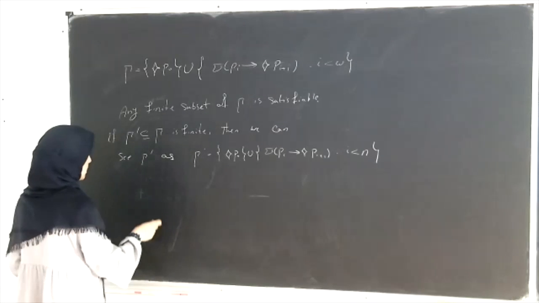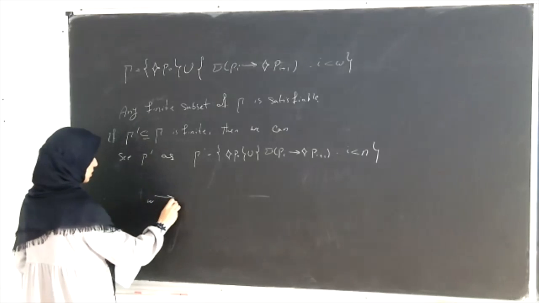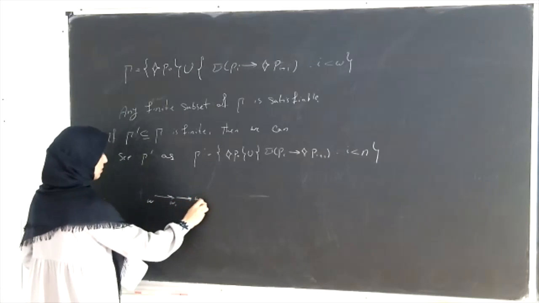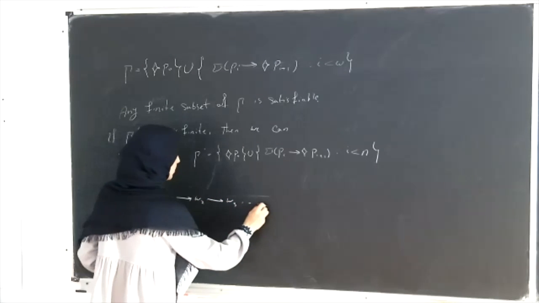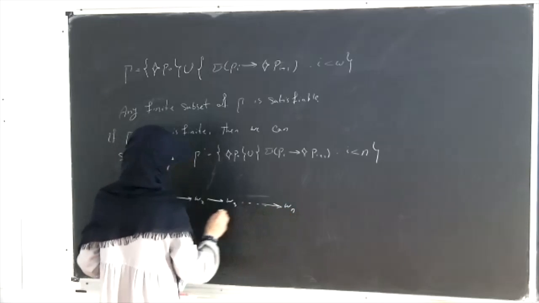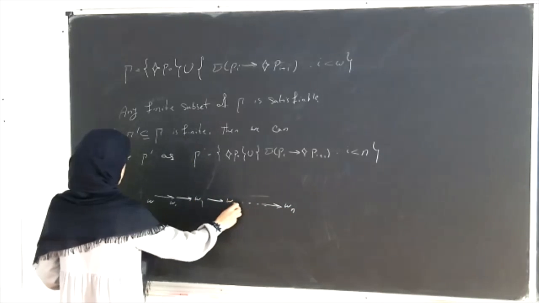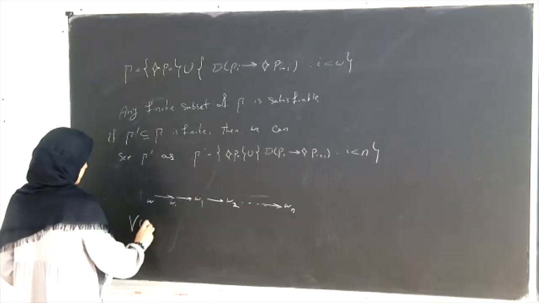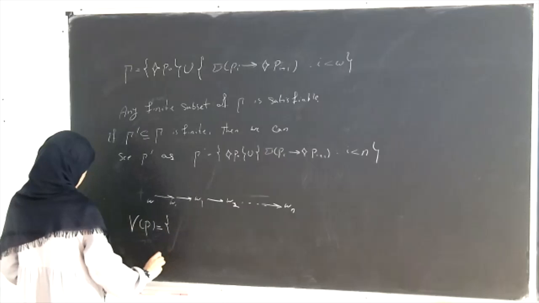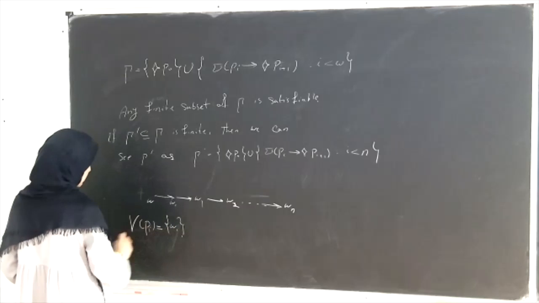Now consider a model in this form. We have W0, W1, W2, up to Wn, and set V of Pi equal to Wi.